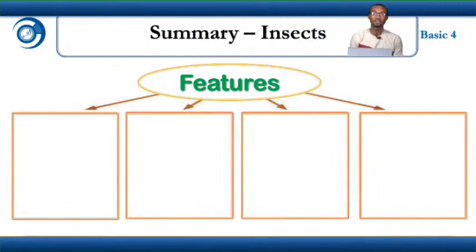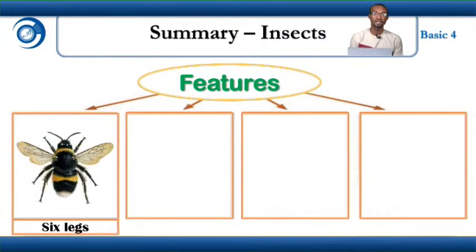We also looked at features of insects. What makes an animal an insect? When we see an animal, what can we see about that animal that informs us that this animal is an insect? We said insects have 6 legs.